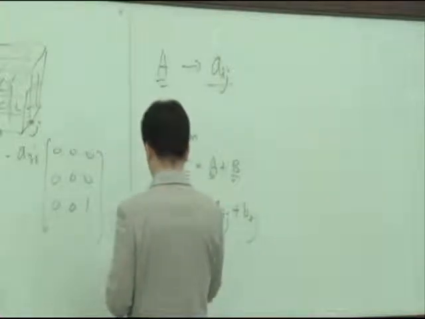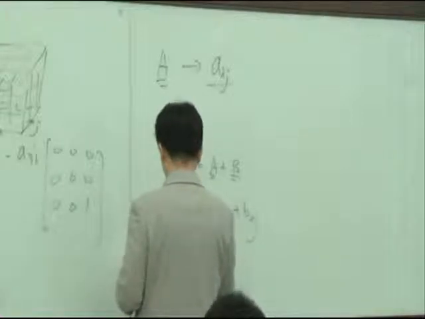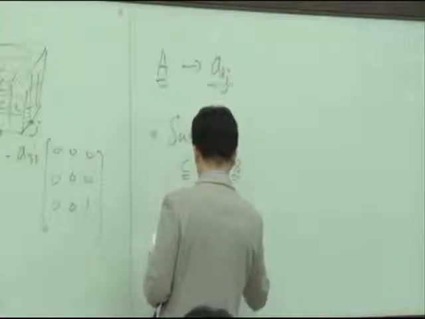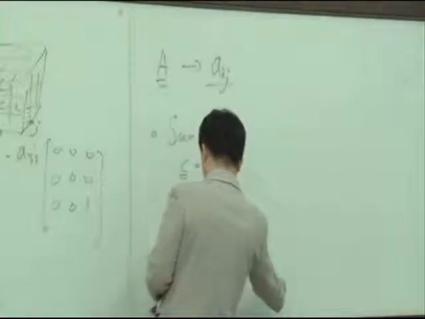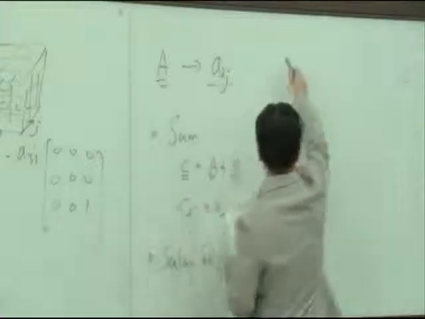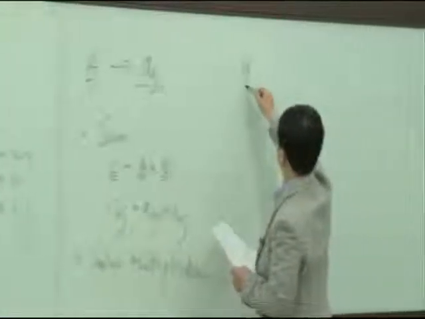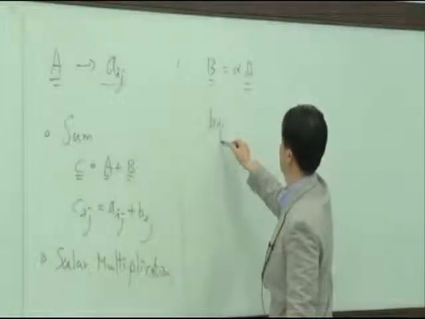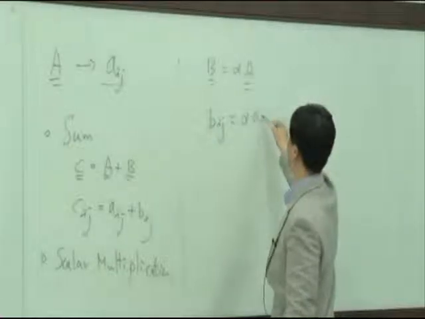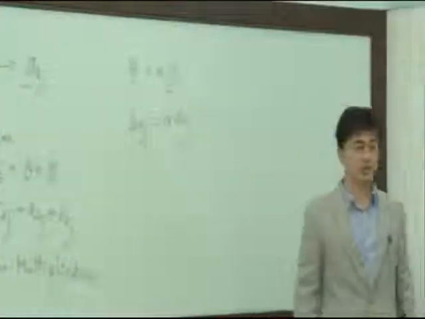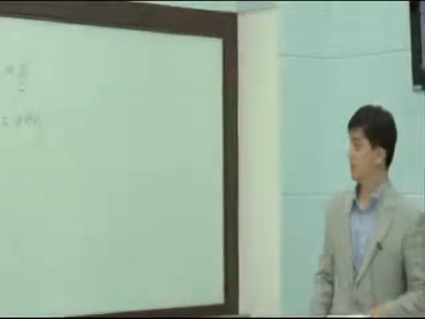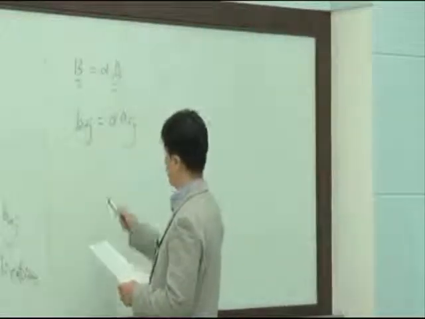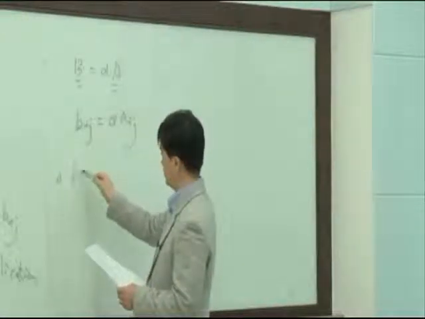And scalar multiplication. Okay, here. B equal alpha A means Bij equal alpha Aij. Very simple, right? This is just direct extension of vector calculation.